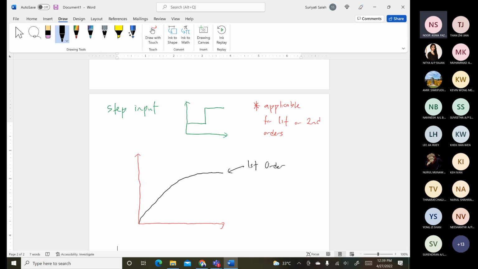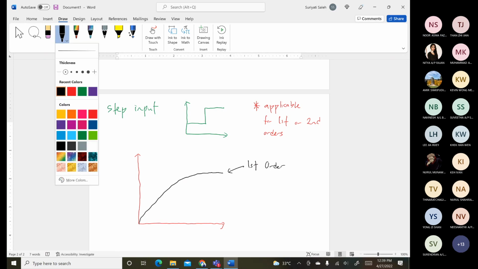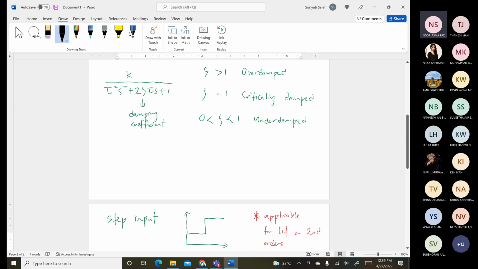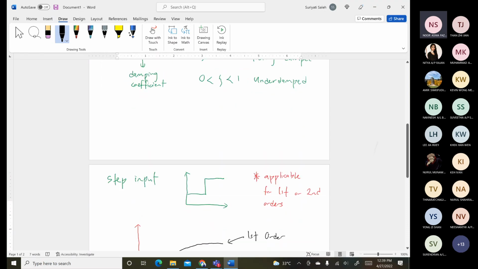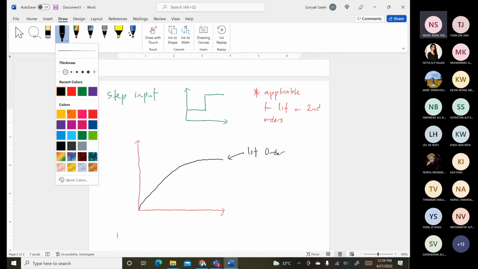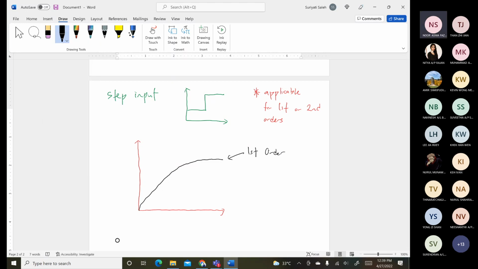Now, how can we obtain the other processes? All right. So normally, we have covered the overdamped and critically damped. We start with the critically damped first, where damping equals 1. So when you have a damping equal to 1, this is your response.